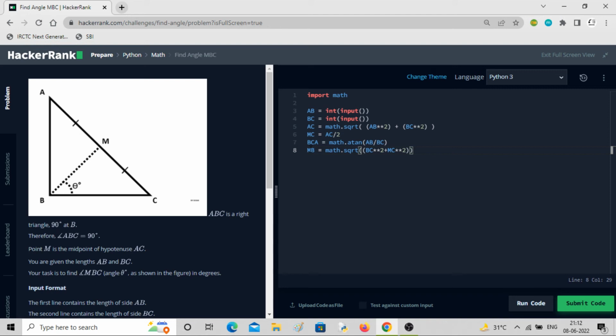Then I'll write minus 2 BC MC, multiplied by math dot cos of theta dash, which is BCA, right? This is how you can calculate with theta dash as cos BCA. So this bracket I'll keep together so that you'll be able to see.